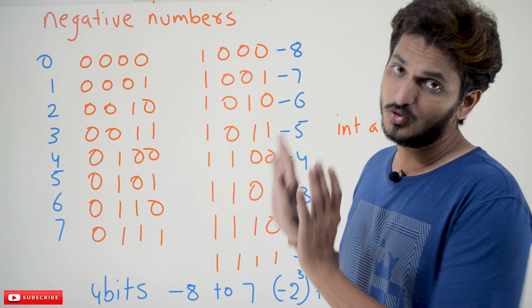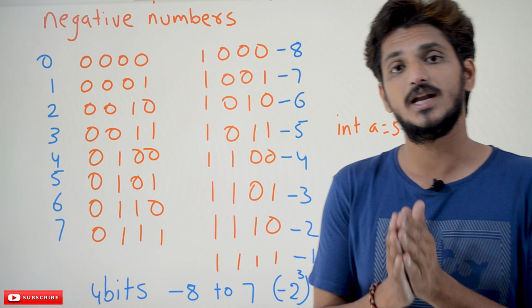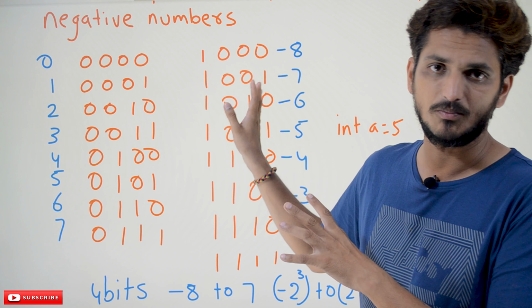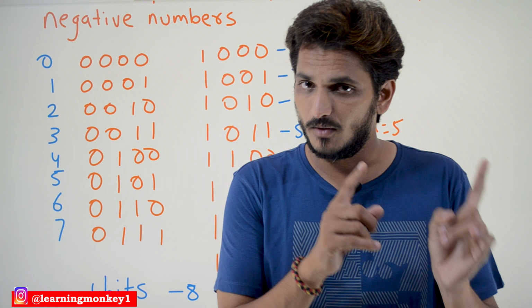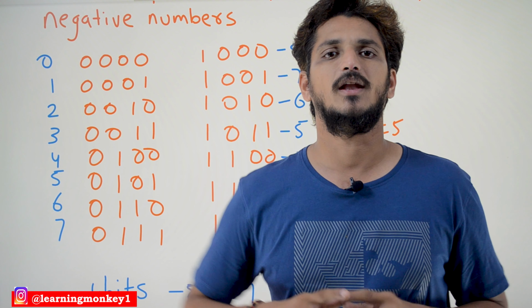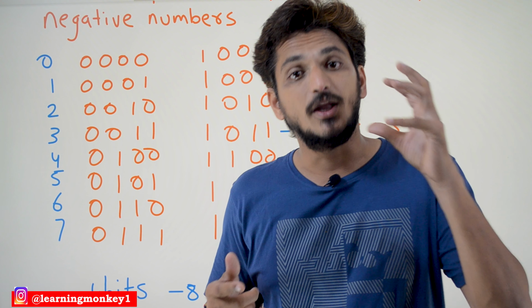We will show you an example here. Our assumption is you already have some basic understanding of 2's complement representation of numbers. If you don't have that understanding, please take our playlist Digital Logic Design. The first 25 videos discuss number systems.